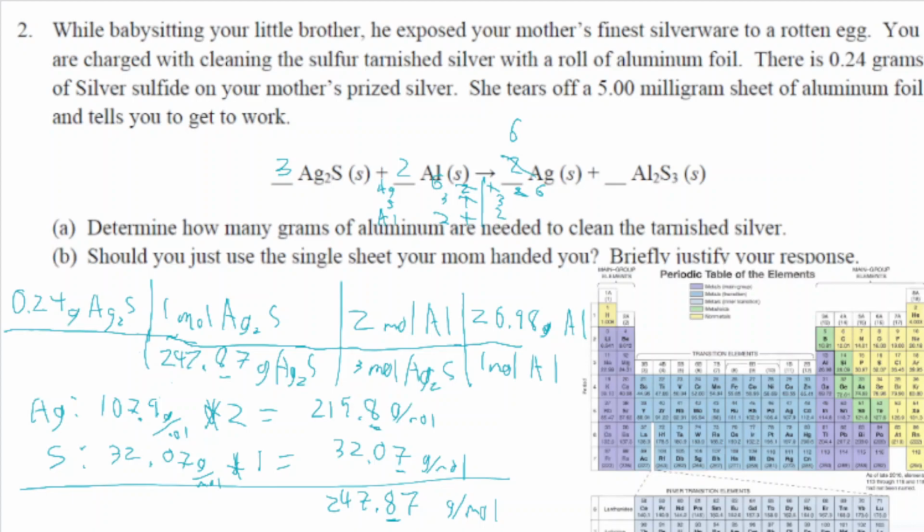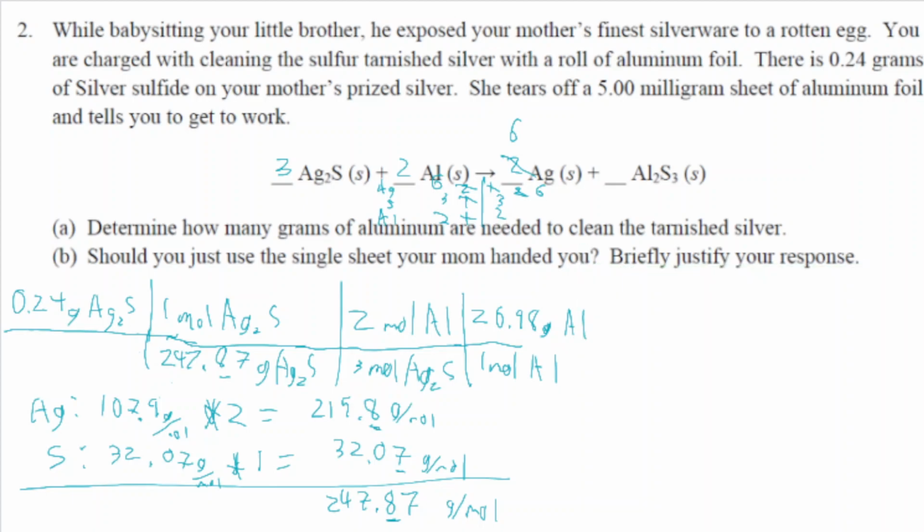Let me get rid of my periodic table here. We'll get an answer out of 0.017415581 grams of aluminum. Now we want to look at our significant figures.